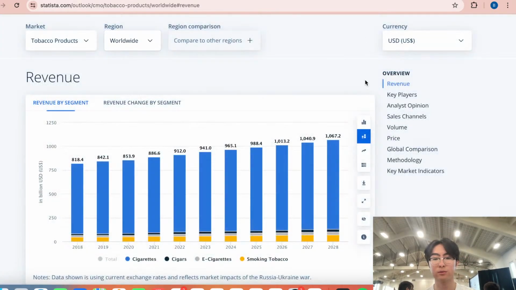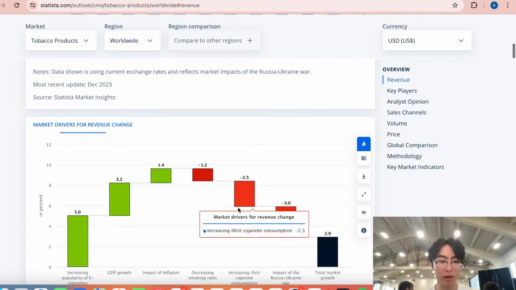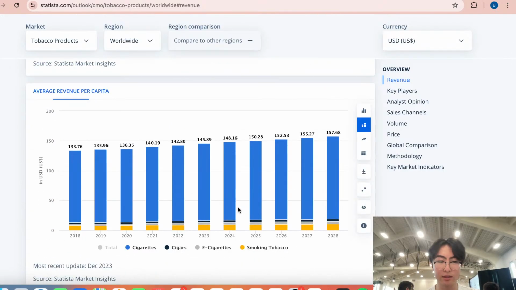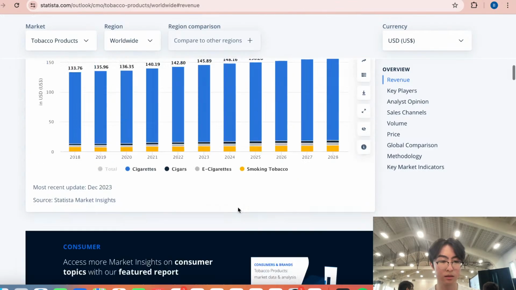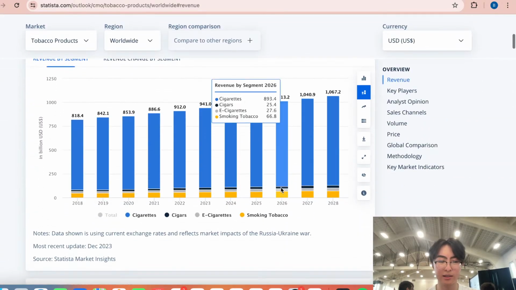Okay, so is there a way to take a look at historical? Because this is forecasted.